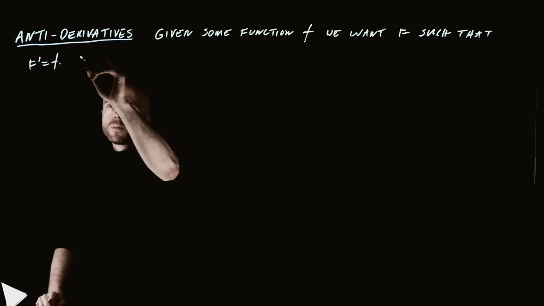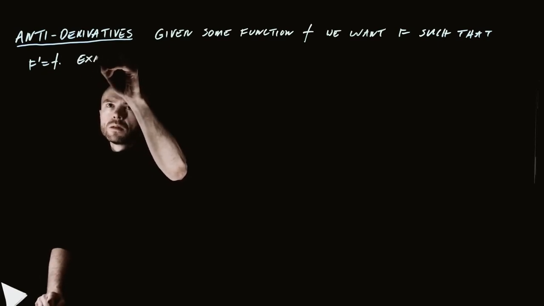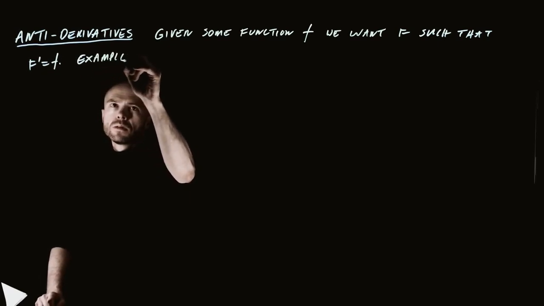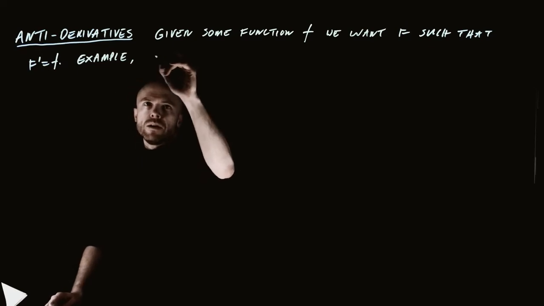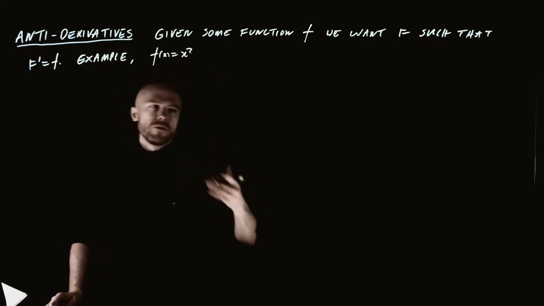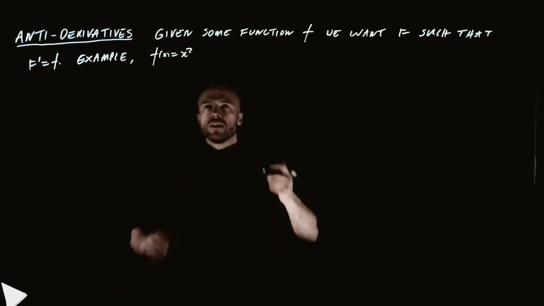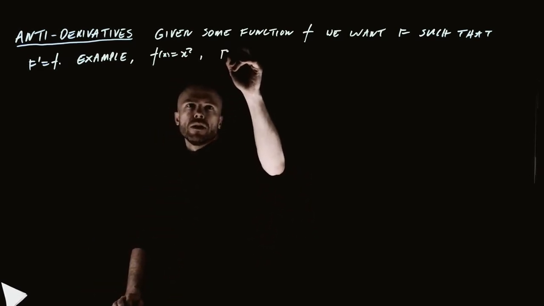So for example, if we have little f equal to x squared, we want to find a function such that when we differentiate it, we get x squared. And that's not so hard, right?